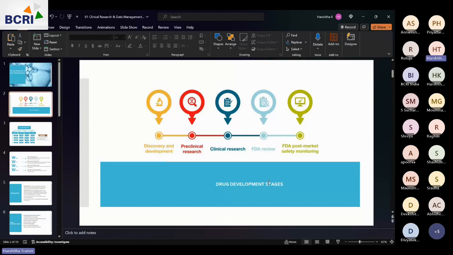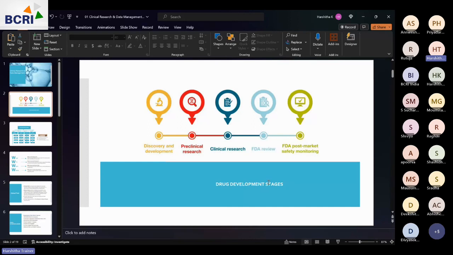Any life science graduate, whether in chemistry, biotechnology, microbiology, PharmD, B Pharmacy, public health, or clinical engineering, should fall under these drug development stages only.